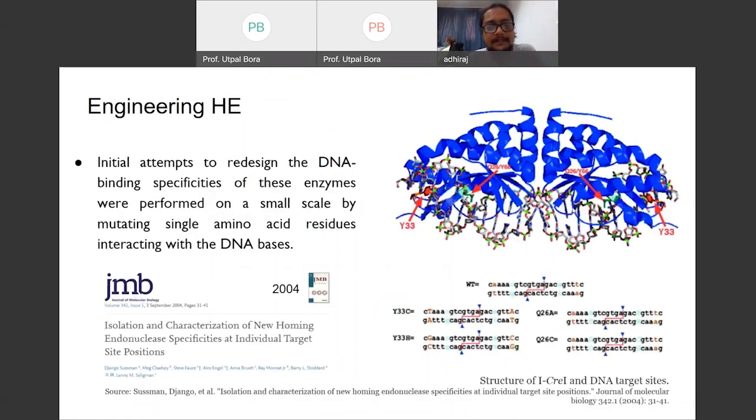The first attempt, as I said, the initial attempt to redesign the DNA binding specificities of these enzymes was performed on a small scale by mutating single amino acid residues interacting with the DNA base, right? So only one amino acid residue will be changed here as it is shown. As you can see here, this is CREI, right? Here the recognition site is GCACT, or on the other side, let's talk about this one, GTGA.